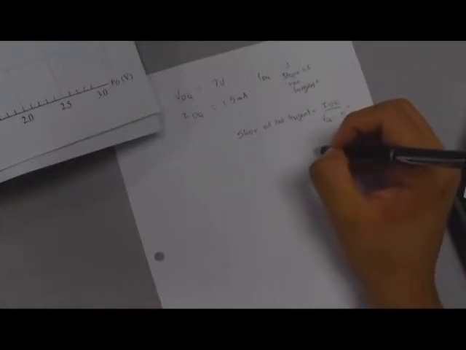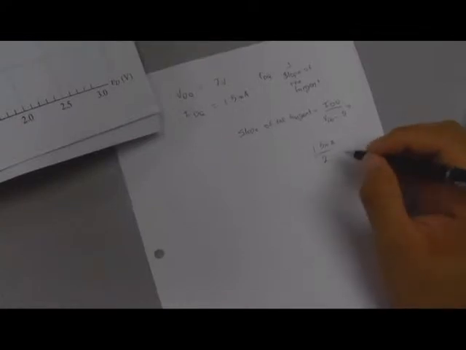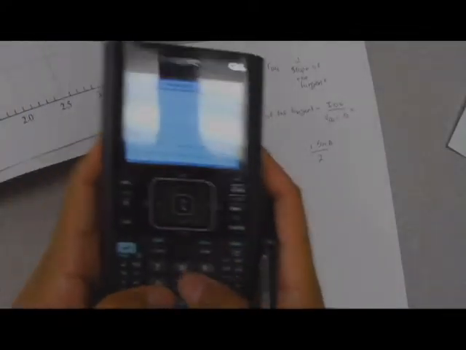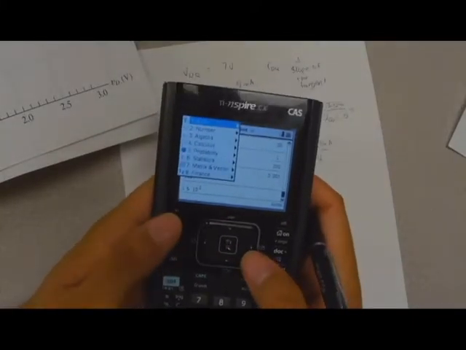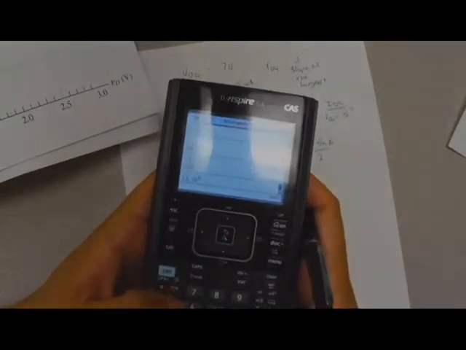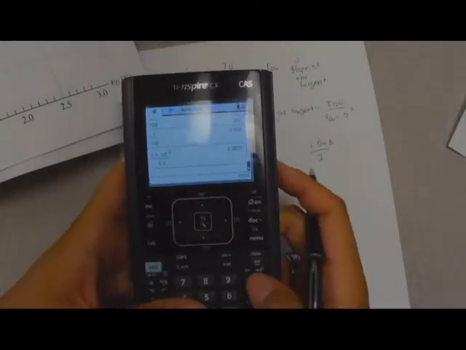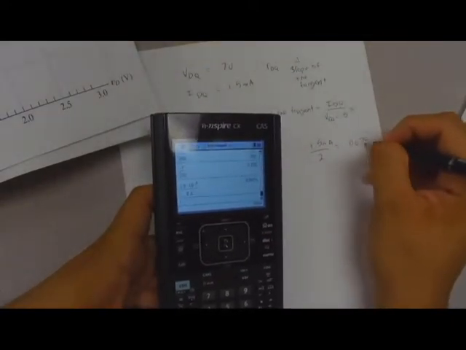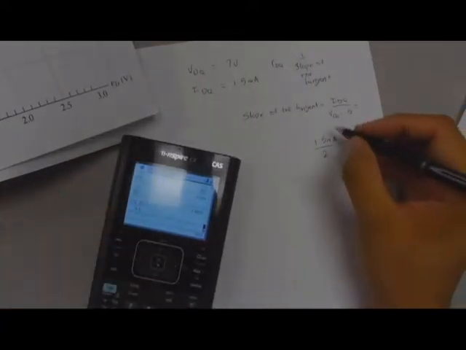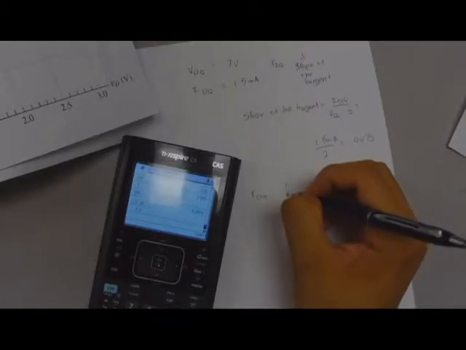So that's going to be 1.5 milliamps over 0.2. That's equal to 0.0075. And so now RDQ is equal to 1 over 0.0075.